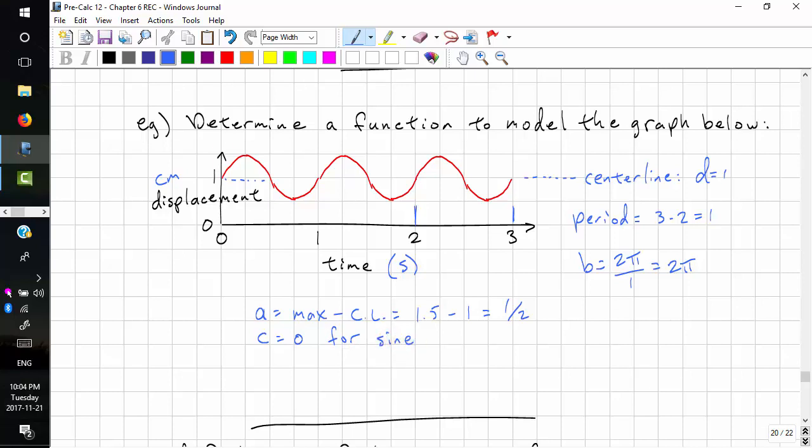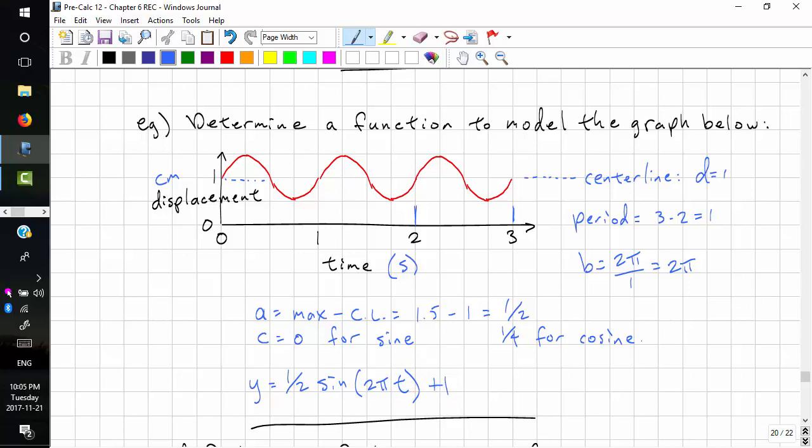If we happen to choose cosine, the max is over here, so we would need a phase shift of 1 over 4. So it's not quite as convenient to model this with cosine. And now we've got all our constants. So 1/2 sine 2 pi t, phase shift is 0, plus 1.